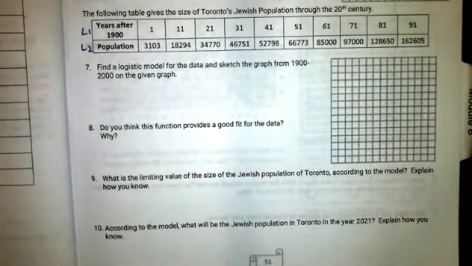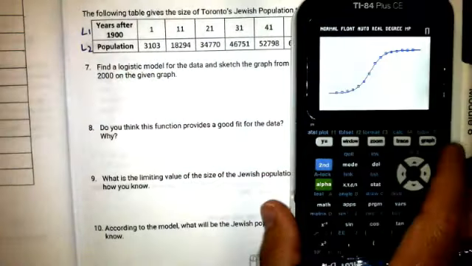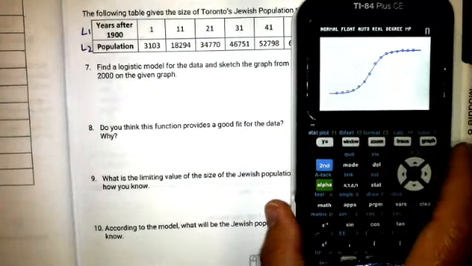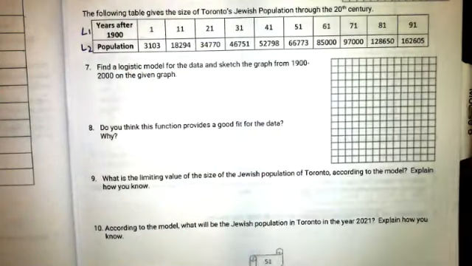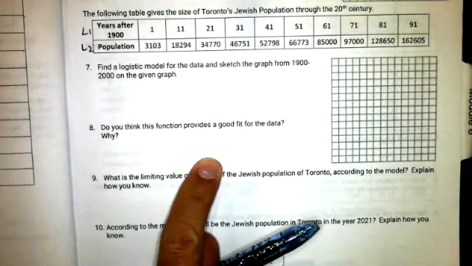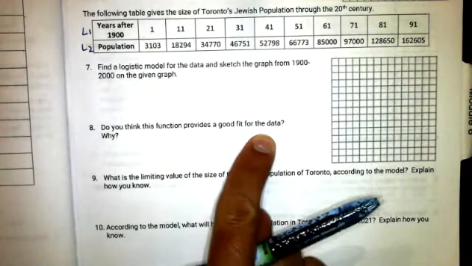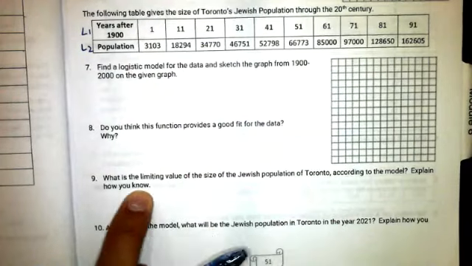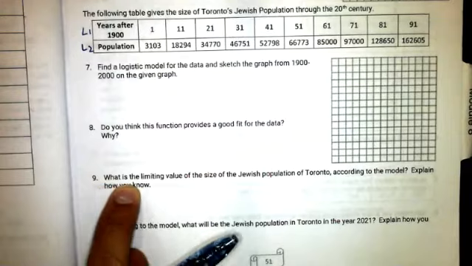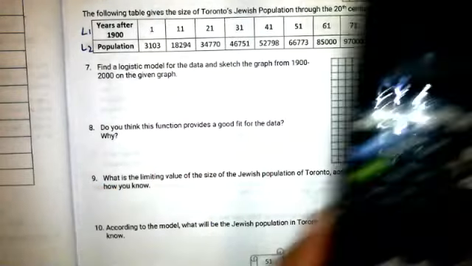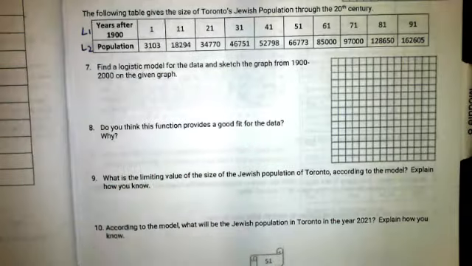It won't exactly look like this because we're not going from 0 up to the max, but you'll see what it looks like, and you'll try and explain if you think this function provides a good fit for the data. If it's nice and close, this was a good fit for our data here.